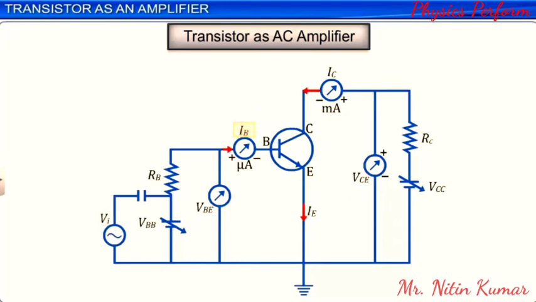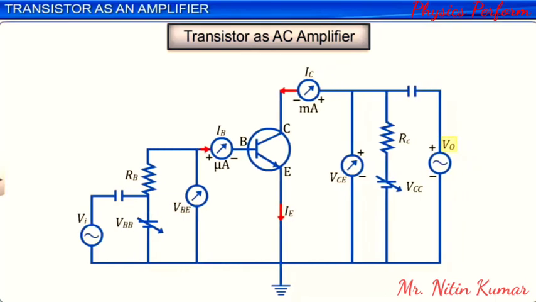The sinusoidal variations in collector current IC produce corresponding changes in the output voltage VO, which can be measured across the battery VCC and the resistance RC. Large capacitors are used to block the DC voltages while measuring the AC variations across the input and output terminals.